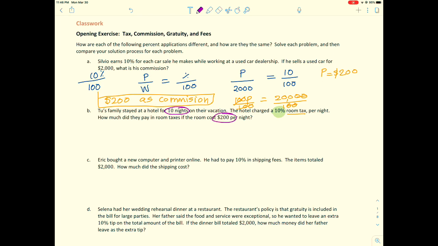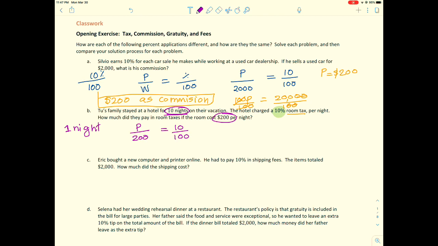We can use this proportional method. So let's try that. Before we use the 10 nights, we have to find it for one night. For one night, so P over 200, P is the part, 200 is the whole, is equal to 10 over 100 because 10%.